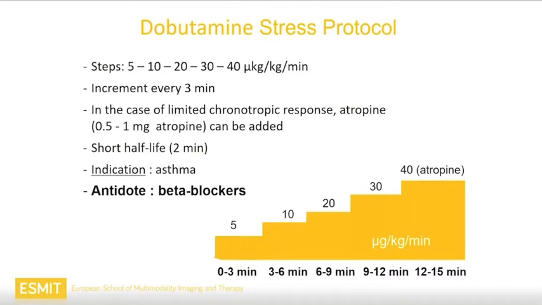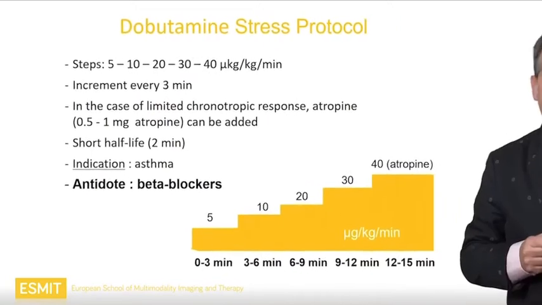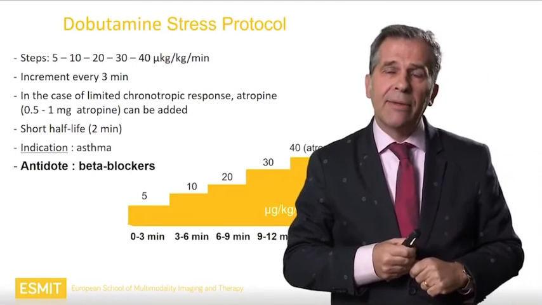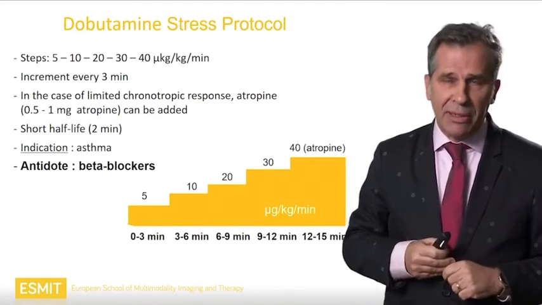But regadenoson is also a very expensive drug. So for that reason, in some cases we can use dobutamine. Dobutamine is exactly the same protocol as we use in echocardiography for the stress echo, because there are different steps. So we have to increase the dobutamine injection step by step: 5, 10, 20, up to 40, with an increment every 3 minutes.